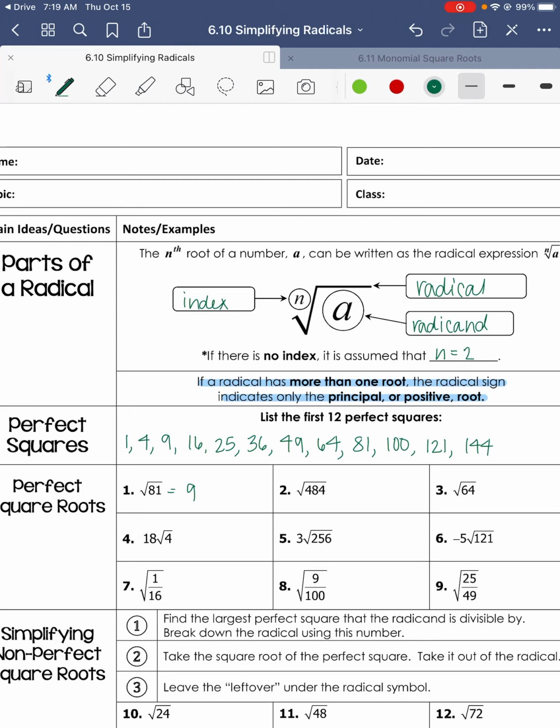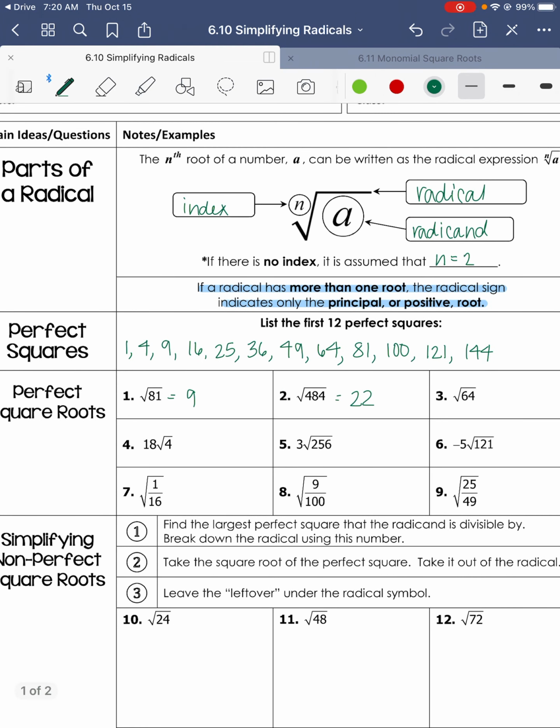And just like this says, if a radical has more than one root, the radical sign indicates only the principal or positive root. So here you don't need to write plus or minus 9. For these purposes, we can just write the positive one, 9, the principal root. Number 2 is not on your list, but the square root of 484 is actually 22. All right, so I'll let you do number 3 on your own.